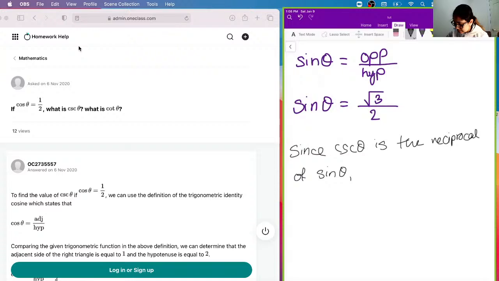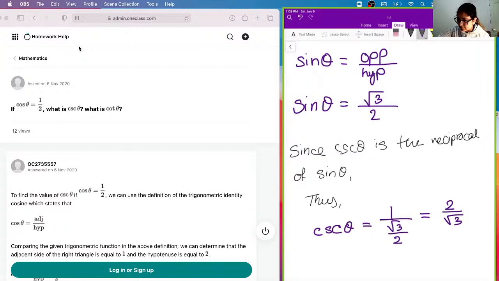So thus you can say that cosecant theta is equal to 1 over root 3 over 2, the reciprocal of root 3 over 2. And so this is equal to 2 over root 3.